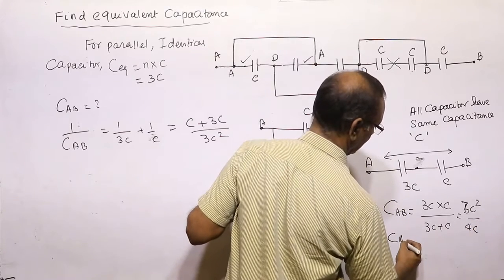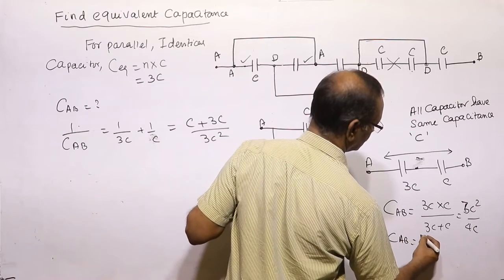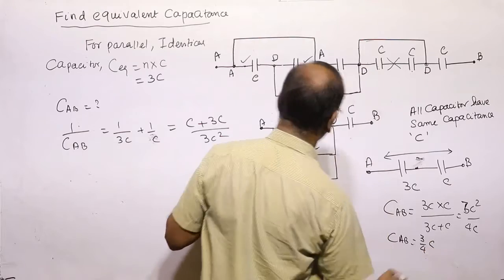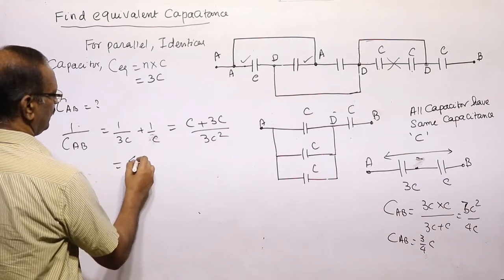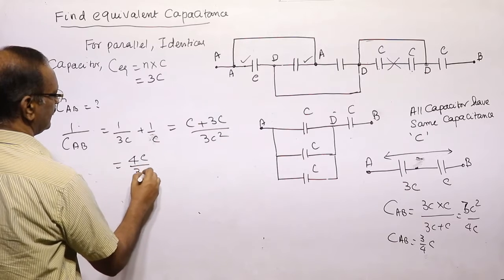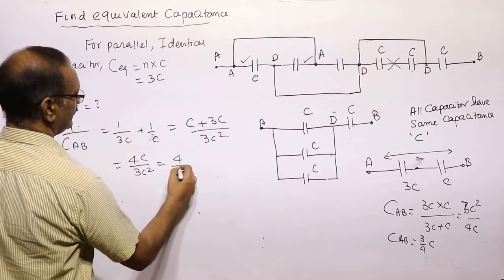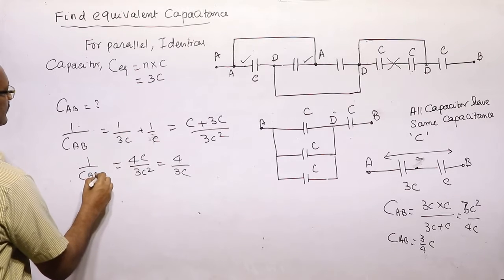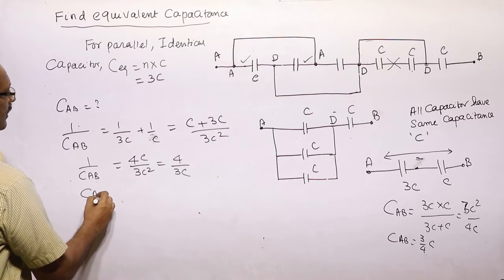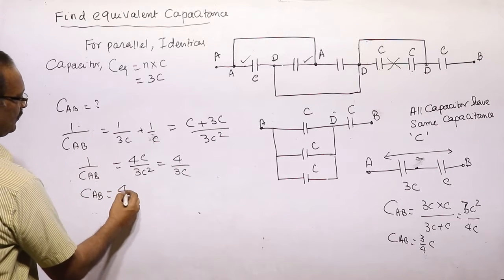So CAB is equal to 3 by 4C. So 1 by CAB is equal to 4C by 3C square, that is 4 by 3C, so CAB is equal to 3C by 4.